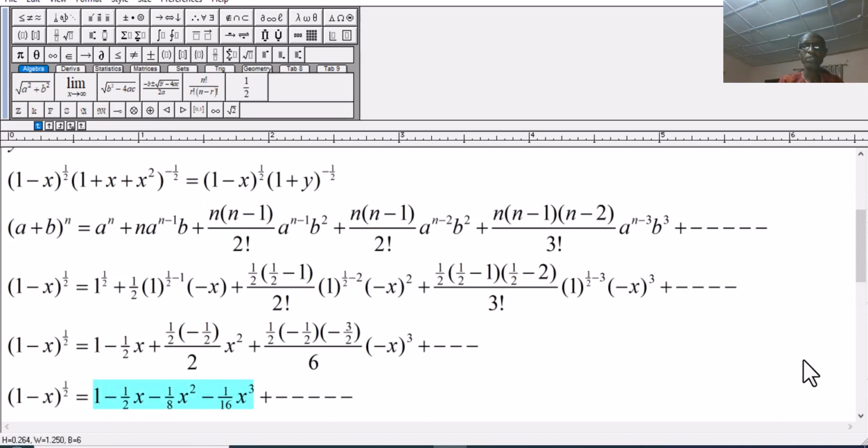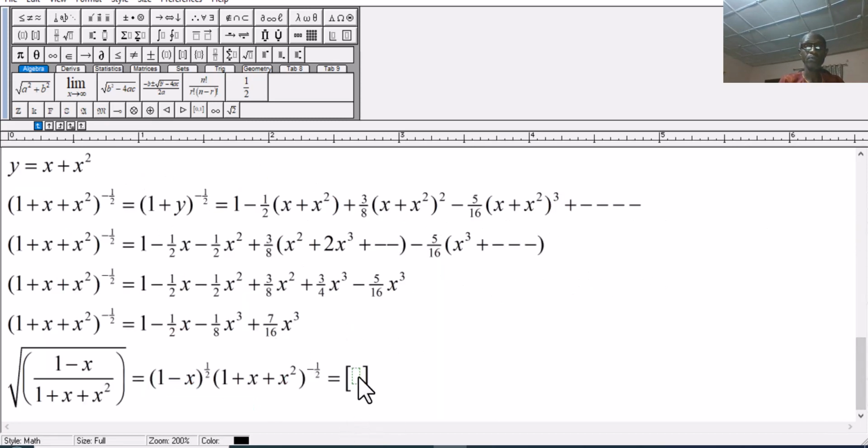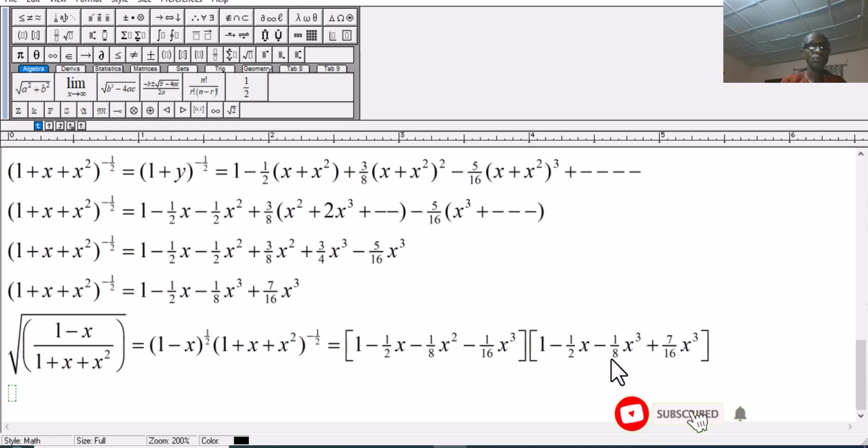I'm going to copy that and add it to our expansion. Then the next one is this expansion, the result we got here. Let me also copy that and paste it here. So now we can start.